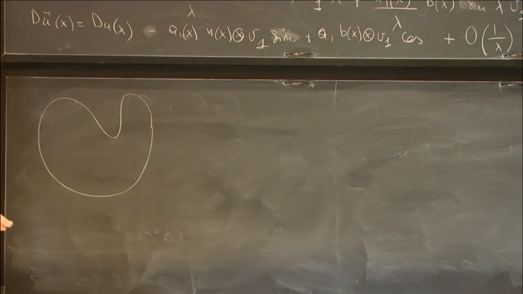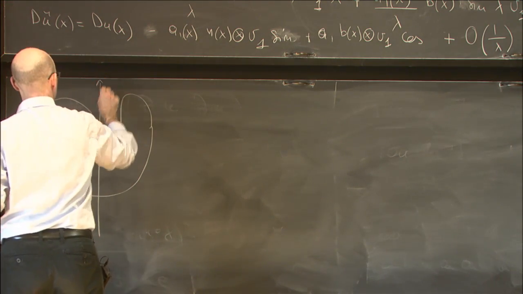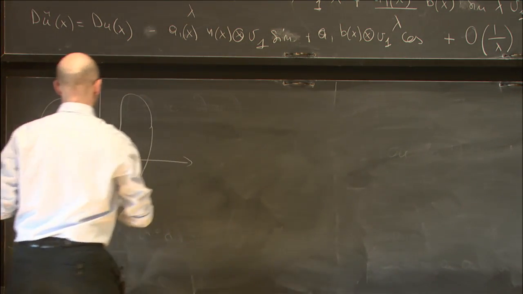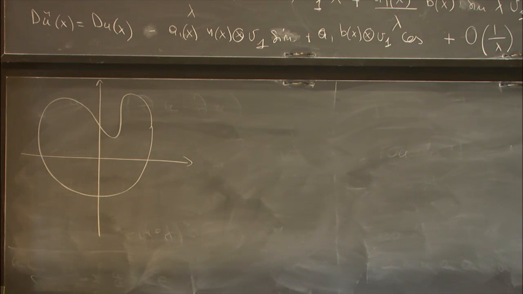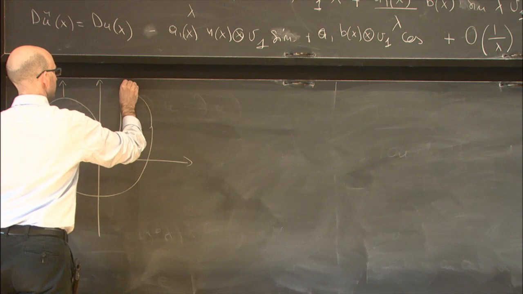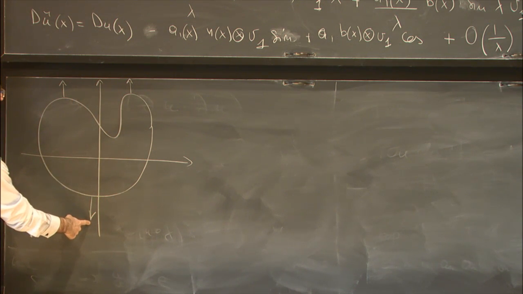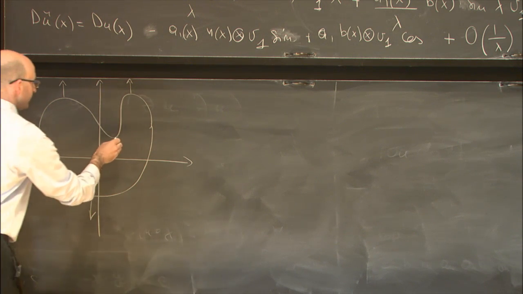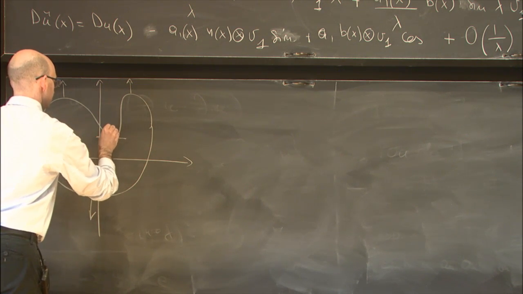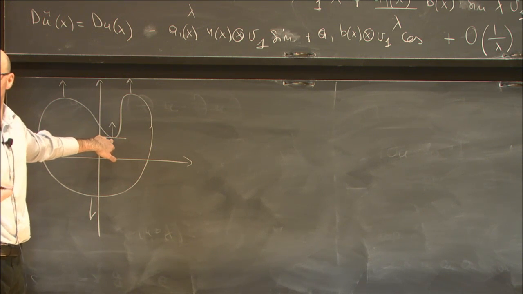Look at, for instance, the height function. With the height function, you see that the non-convexity is giving me critical points. Over here, which are local maxima. Here there will be a local minimum. But then here there is a saddle point. In fact, it's a simple exercise in Morse theory that if you have two local maxima, you will have at least one saddle point.